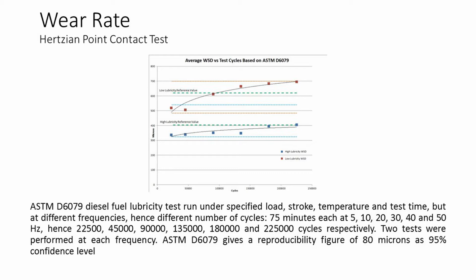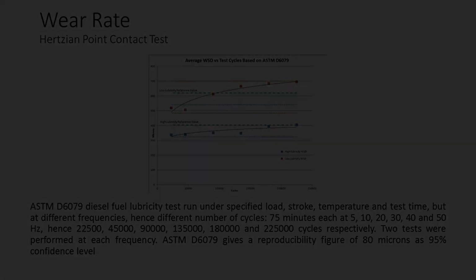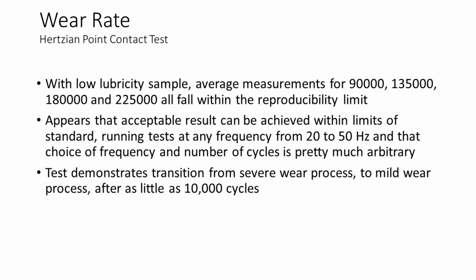ASTM D6079 gives a reproducibility figure of 80 microns as the approximate 95% confidence level. It transpires that with the exception of a couple of outliers, tests of 90,000 cycles or more fall within the reproducibility limit.